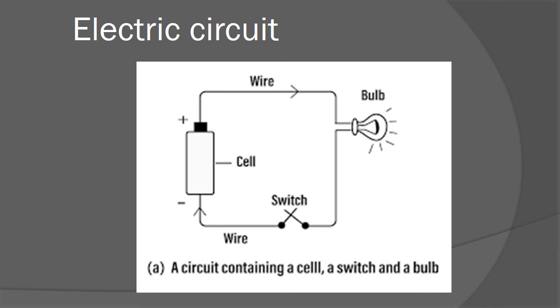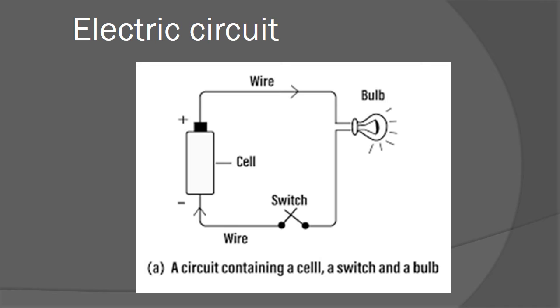In an electric circuit, conventionally, the direction of current is taken to be from the positive to the negative terminal of the electric cell. When the positive terminal of the cell is connected to one end of a piece of copper wire to the bulb through a switch, and the negative terminal of the cell is connected directly to the other end of the bulb holder with a copper wire, the bulb glows.